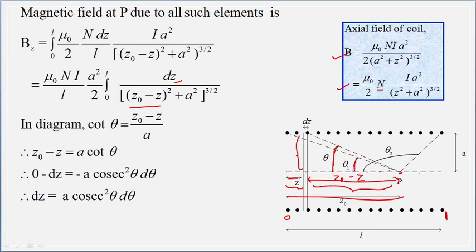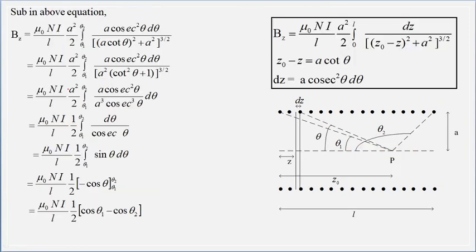When you take this element here, what is the angle subtended? Theta 2. So instead of from 0 to L, it will become theta 1 to theta 2. So when z is equal to 0, the angle subtended is theta 1. When z equals L, then the angle is theta 2. So that is what we have written here.